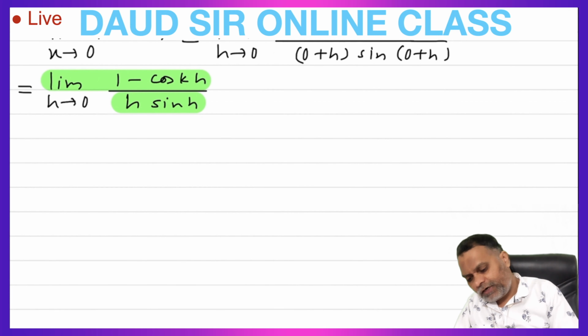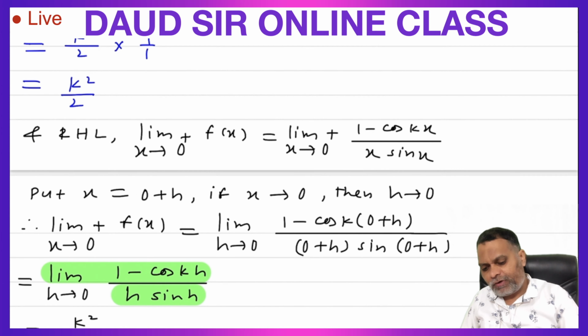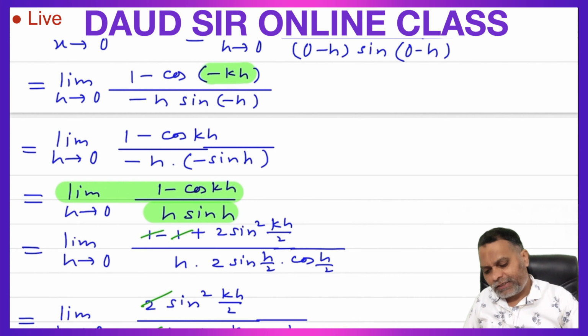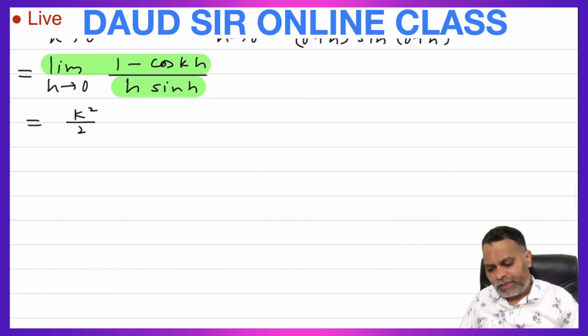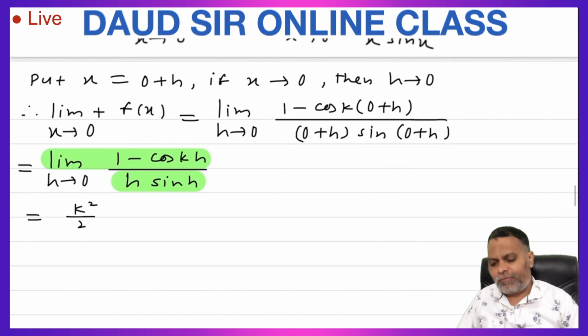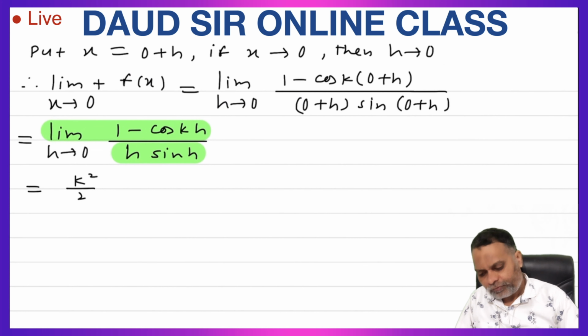So which is equal to k square upon 2 only. Same limit we have got. So value of both will be same, k square upon 2, k square upon 2. No need to solve it again and again.